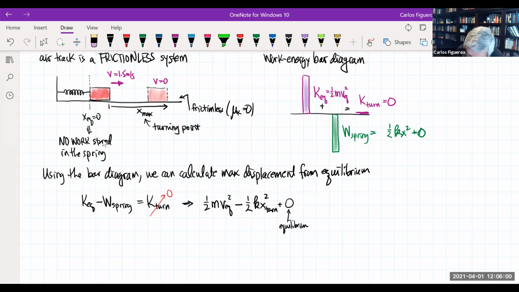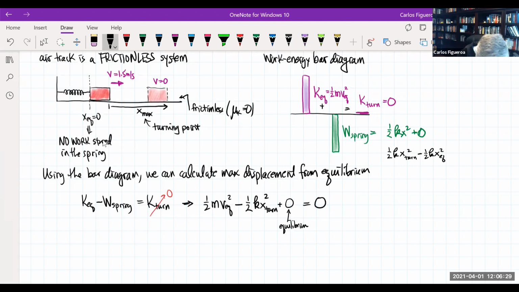Maybe in hindsight I should have written this as 1/2 kx turn squared minus 1/2 kx equilibrium squared. Work is the change. That's why you're seeing a positive sign, because a minus and a minus gives me a positive. And then this has to be equal to 0.